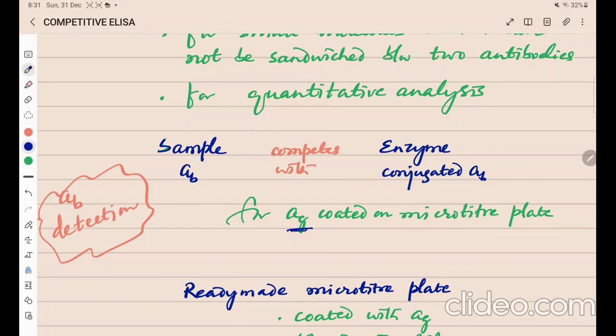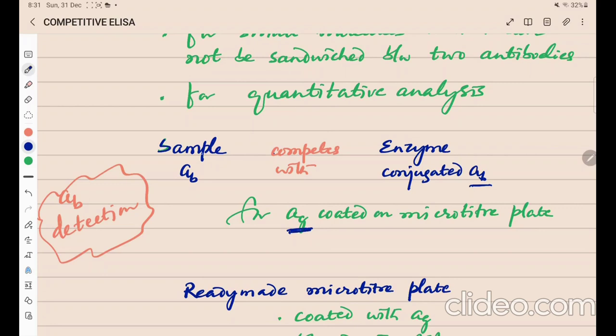And if our sample does not contain antibody, then it will not bind. If we have added another antibody which is conjugated with the enzyme, there will be competition between the antibody present in the sample and the antibody conjugated with the enzyme for the specific antigen.